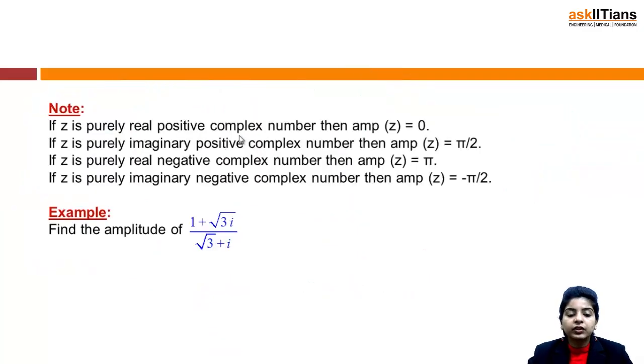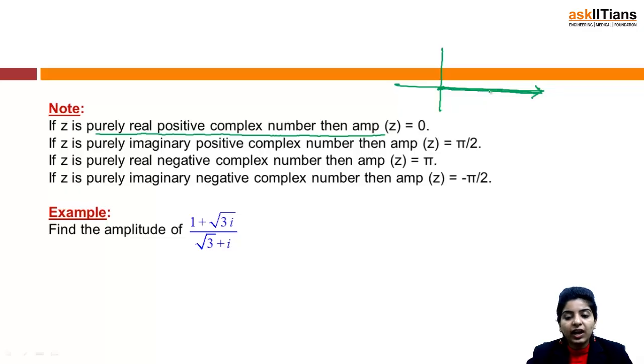So now we have certain important points. If z is a purely real positive complex number, then the amplitude of z is equal to 0. So what does that mean? Purely real, as we have already discussed, would mean that z is somewhere on this axis. Only then can it be purely real. That means the imaginary part is 0.